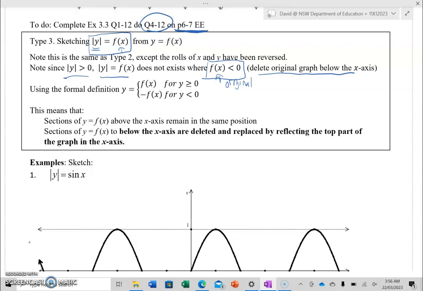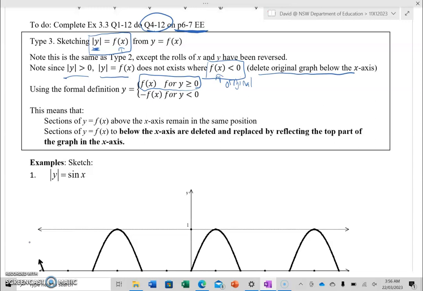So that means delete the original graph below the x-axis. And if we use the definition of absolute value, I can remove the absolute value if what's inside the absolute value is positive. So if y is greater than or equal to 0, I can remove it and just write y equals f of x if y is greater than or equal to 0.